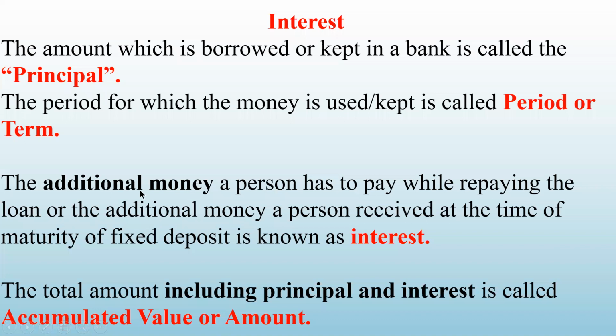And the additional money which a person has to pay while repaying the loan, or the additional money a person received at the time of maturity of fixed deposit, that is called as an interest. Okay. And that is denoted by I, capital I. The total amount including the principal and the interest is called as accumulated value or the amount.